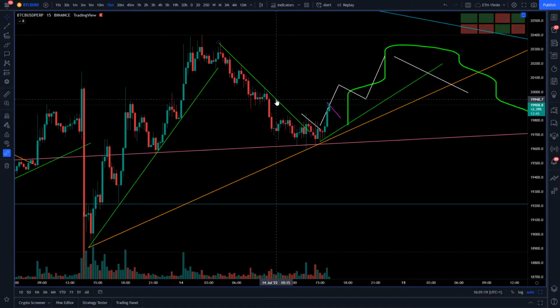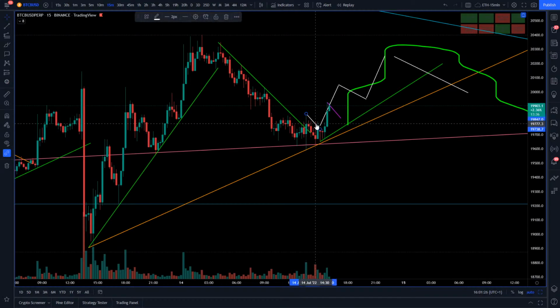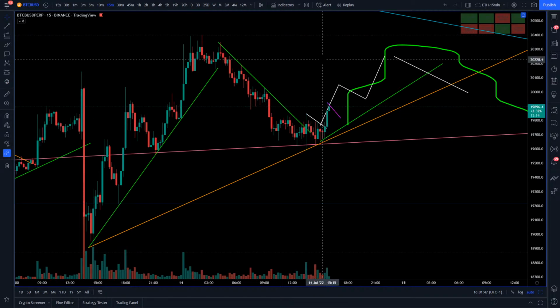So to confirm this higher low, we need a breakout, and after that breakout, we need another breakout right here. When that happens, that is the confirmation of this higher low, and confirmation that you can be sure this trend is going up, and you can trade it.